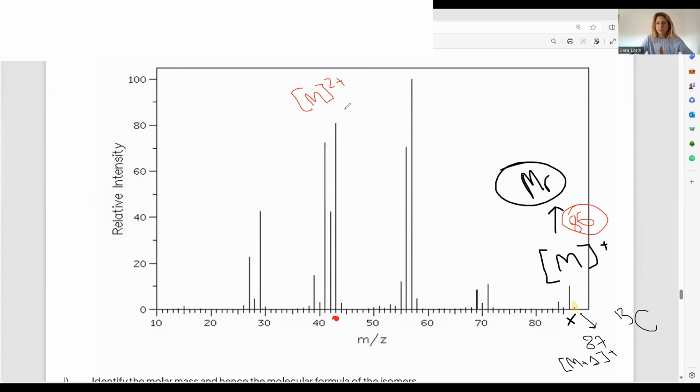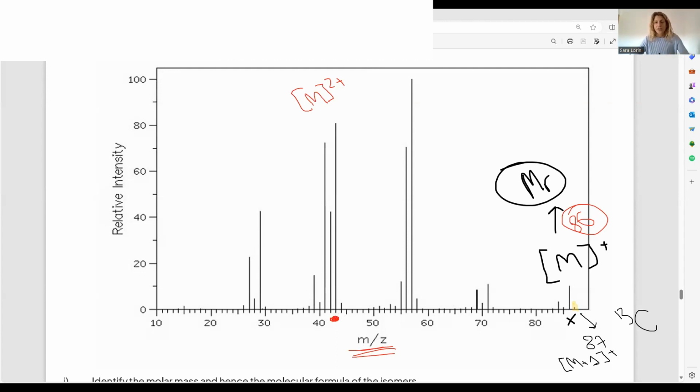I haven't seen really exam questions about this, but it's important to be aware because it's easy to forget what the mass to charge ratio is. So it is the mass of the ion divided by the charge. The charge, of course, would be how many electrons have been removed. So if we have the molecular ion at 86, you may have the 2 plus ion at half of it.